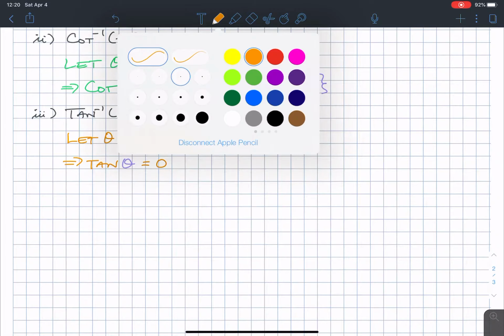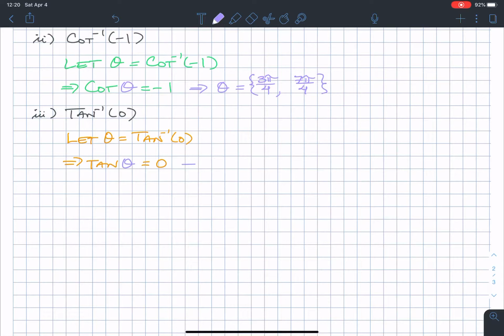Okay, well, because tangent is sine over cosine, I'm looking for those two angles between 0 and 2 pi, where sine, the y-coordinate, is 0, and that would be at 0 radians and at 180 degrees, or pi radians.